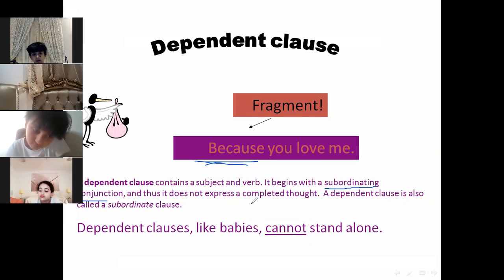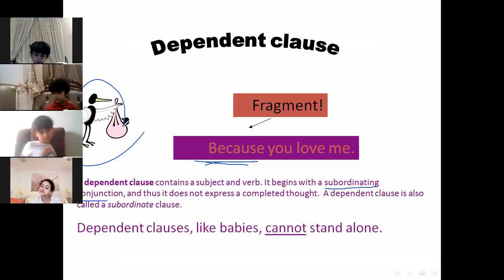So the dependent clauses are like babies: they cannot stand alone. They need someone to support them. They need another part of a sentence to support them, or they need an independent clause, like the adult.